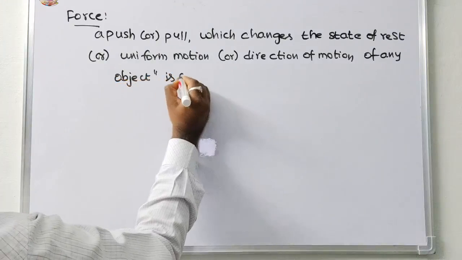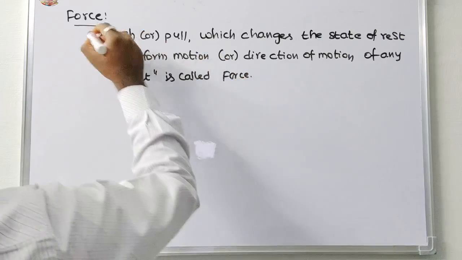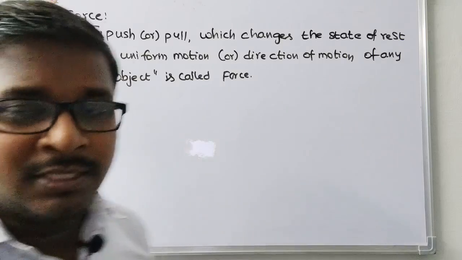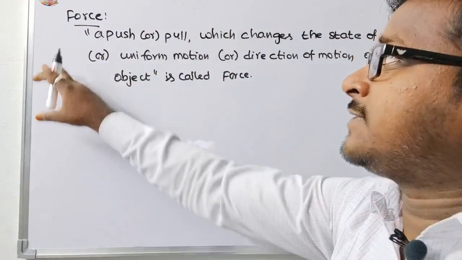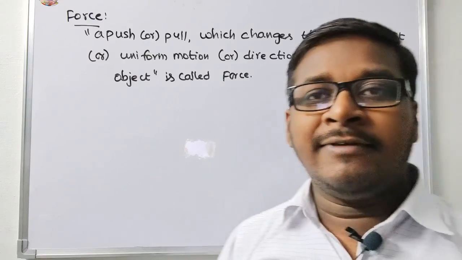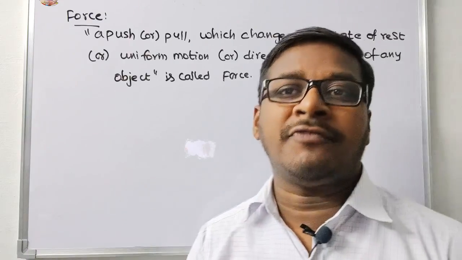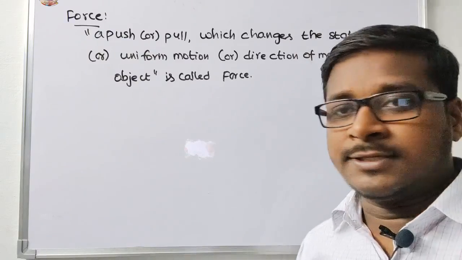This is the definition of force. Force is mainly the interaction between the object and the source. It is defined as a push or pull of a body which changes the state of rest or uniform motion or direction of motion. That is called force.